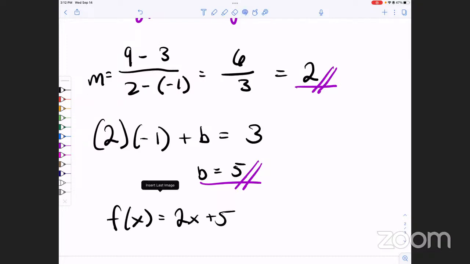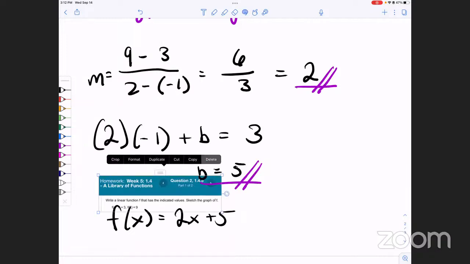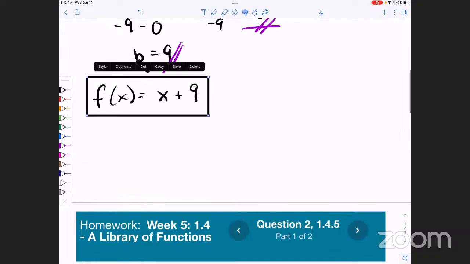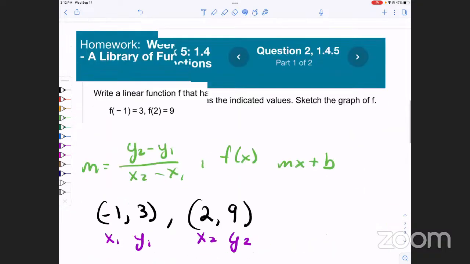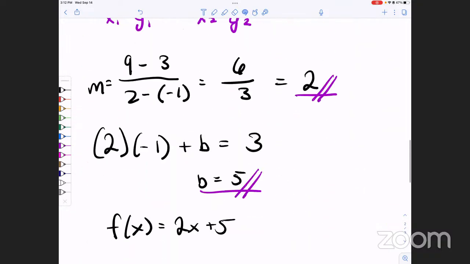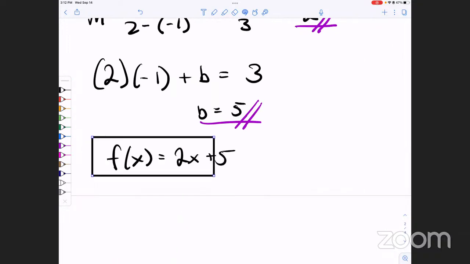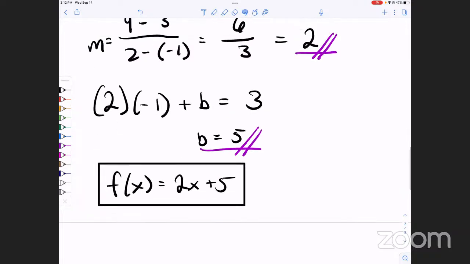And it's a good idea to confirm. We can delete this. Copy. And it's a good idea to confirm that the original points work in this function.